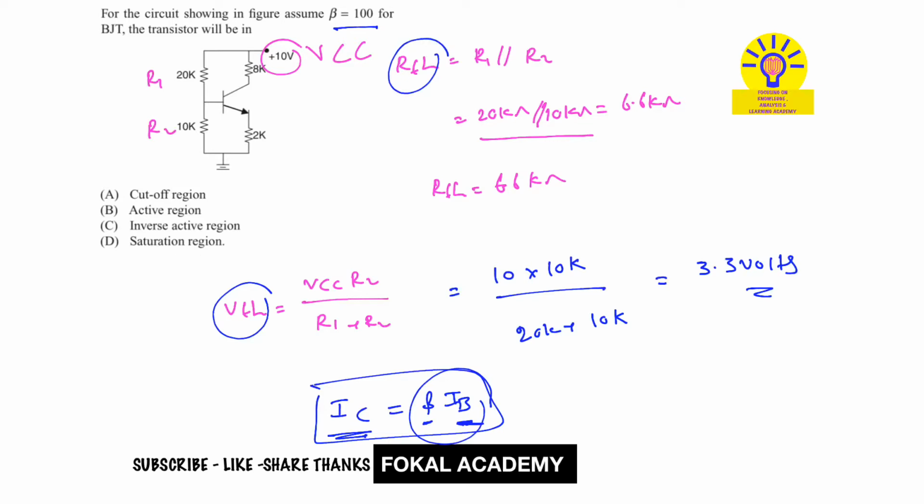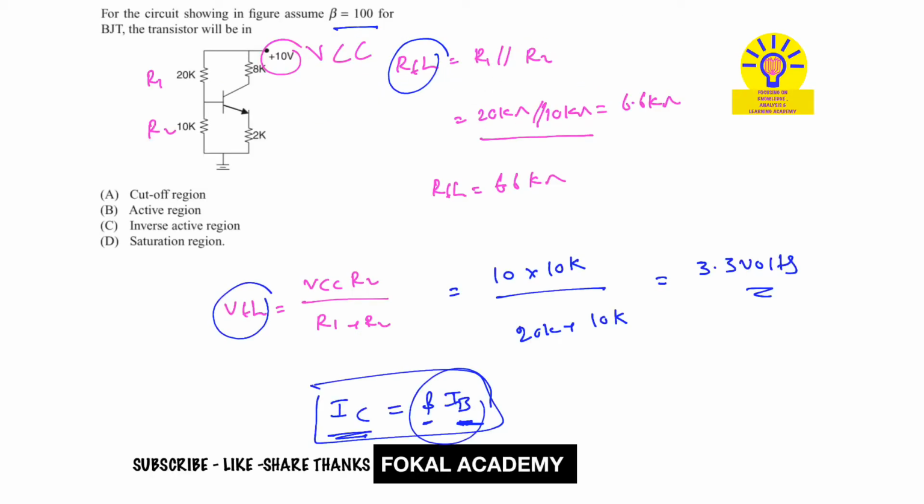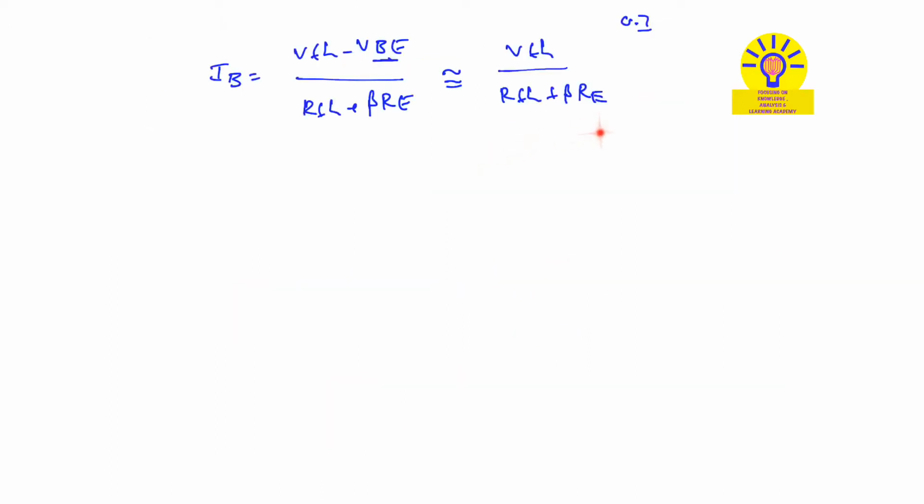Now find the IB value. For the self-bias circuit, IB equals VTH minus VBE divided by RTH plus beta RE. VBE is 0.7, a very negligible value, so this is almost equal to VTH divided by RTH plus beta RE. Now substitute the VTH and RTH values, and RE is 2 kilo ohms, the emitter resistance.